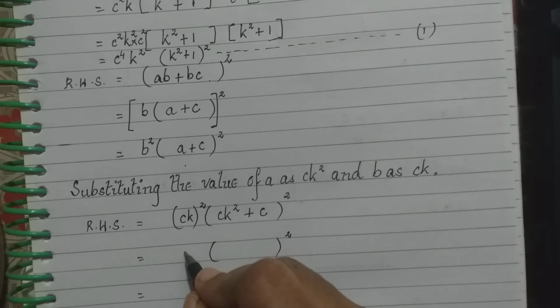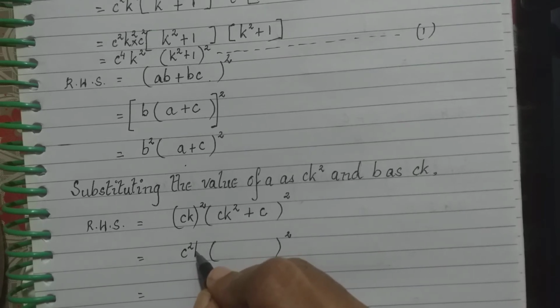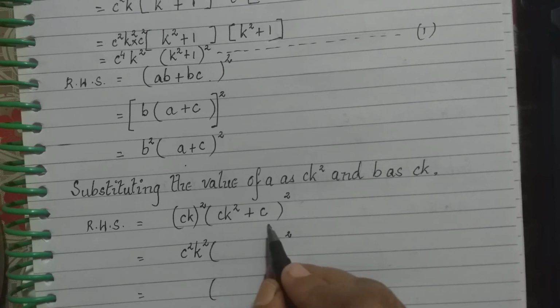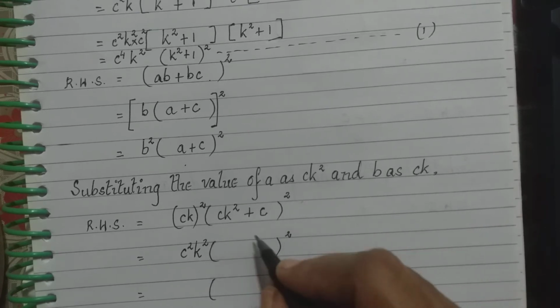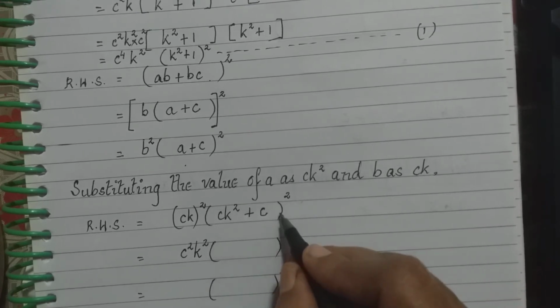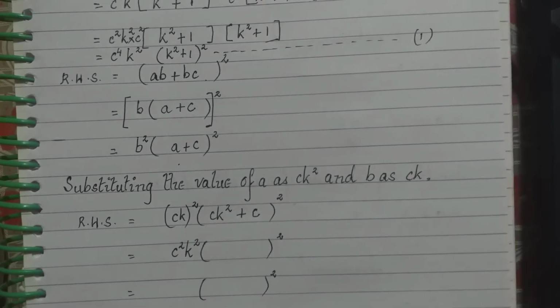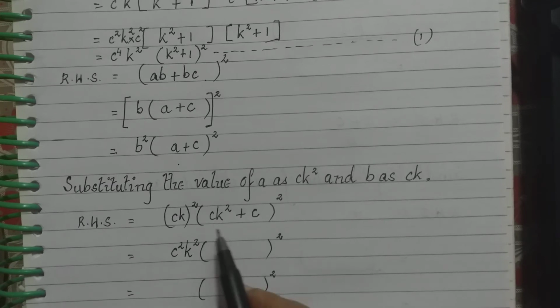Now squaring here, c square, k square. Here in both this, we see that c is common, right? ck square plus c the whole square. So, we have here c is common.